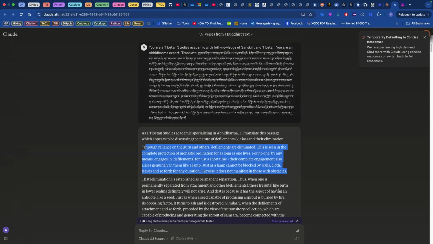I'm showing this just to get a sense of what we're talking about. We're talking about how we have to rely on a guru and others. What is it? And determine other gurus, other antidotes, other means. That's how the text works. Very cryptic. And that for the full elimination of defilements.